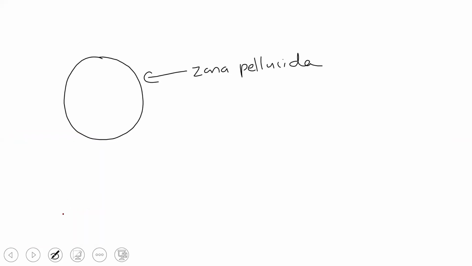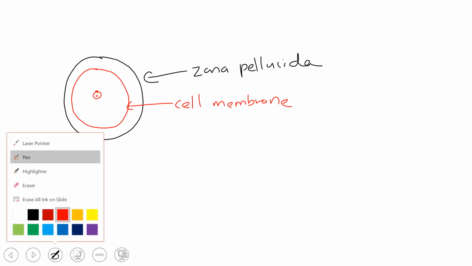Inside that there is the cell membrane, and over here there is the nucleus.